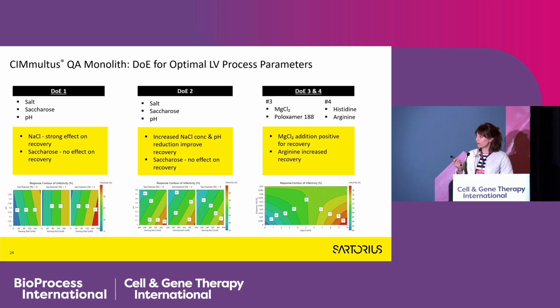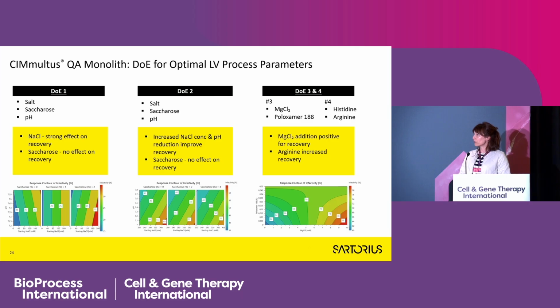Therefore, for the further studies, we exclude saccharose from the buffers, and we focus on additions to the buffers, so magnesium chloride and poloxamer, and histidine and arginine. So here we notice that a magnesium chloride addition has a positive effect on recovery.